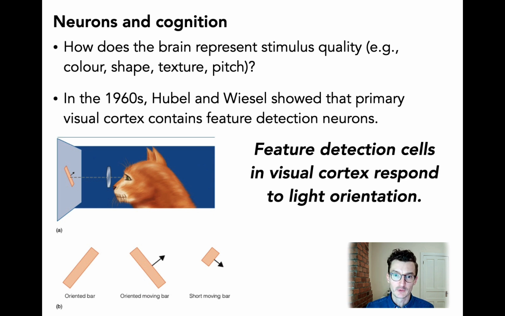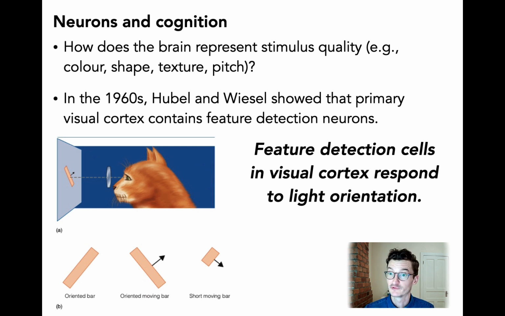So in this study, they recorded from primary visual cortex in cats, and they found that there were groups of cells that responded to areas of high contrast in light. So contrast simply means a change from light to dark. Areas of high contrast at specific orientations.